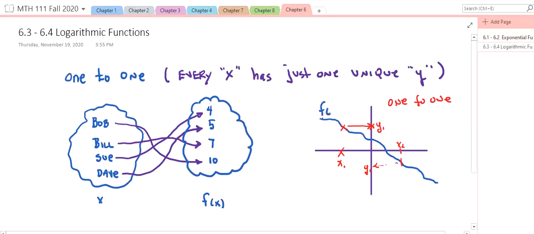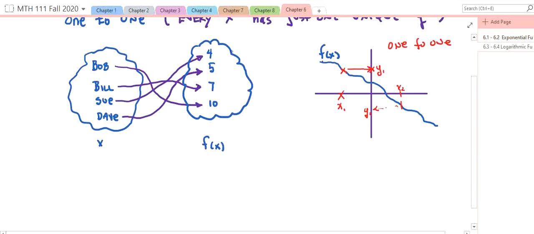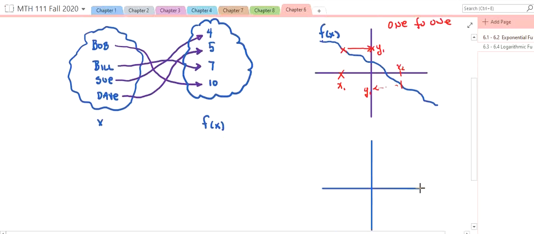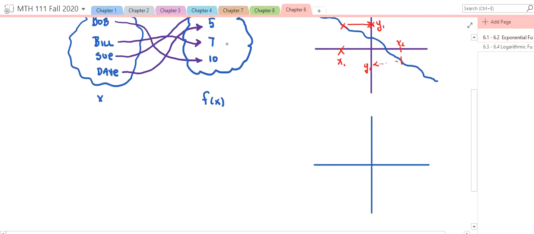So there's some general function f of x. To juxtapose that with something that's not one-to-one but is a function, again, just think of an upward-facing parabola. It looks something like this, maybe.